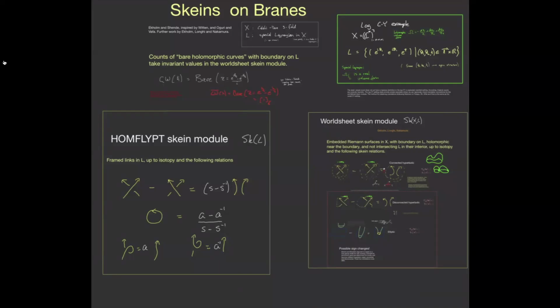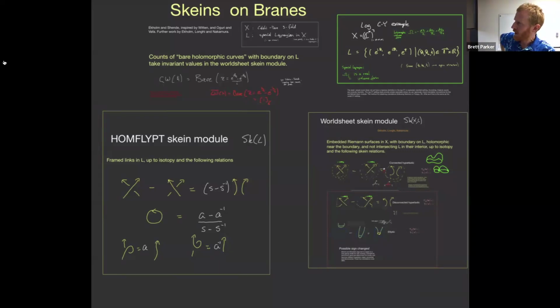And actually, I have one last question: why do you say that this Bare counting doesn't work in this log Calabi-Yau world? Yeah. Okay. You prove some kind of compactness statement where you say that generically you can get rid of most of the ghost components.